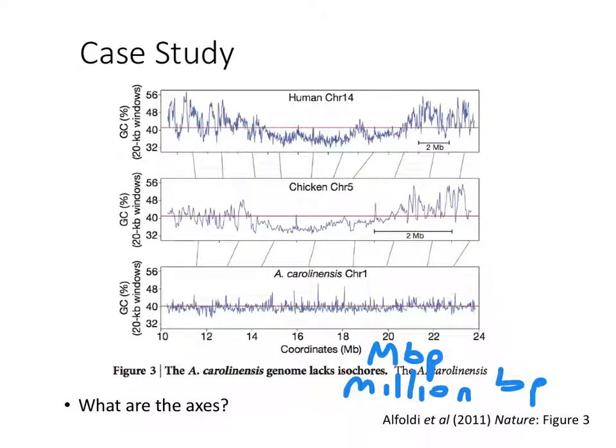They're not even showing us the first 10 million base pairs. 0 to 10 would be to the left. It's not even shown. So we're looking at between 10 and 24 million base pairs worth of genome sequence. Everybody okay with that? So nucleotides, just units of physical genetic distance on the x-axis.